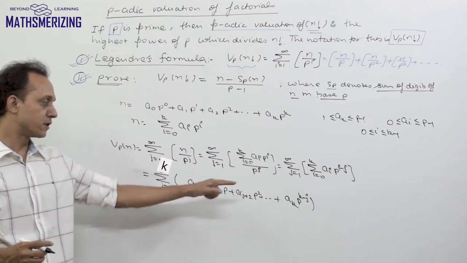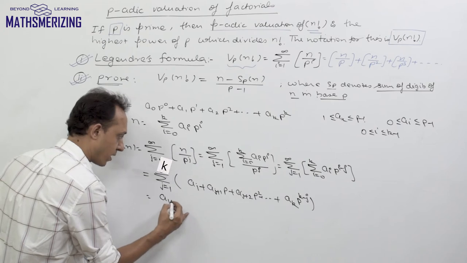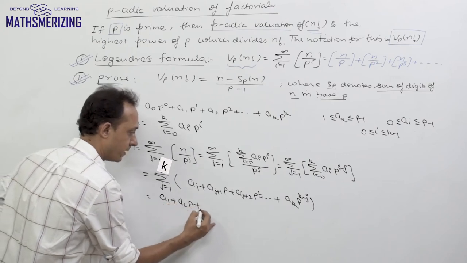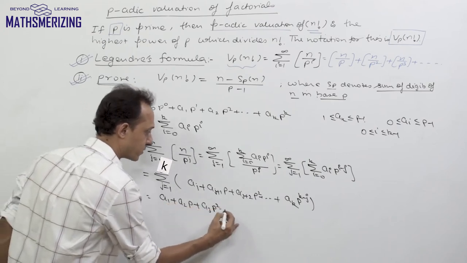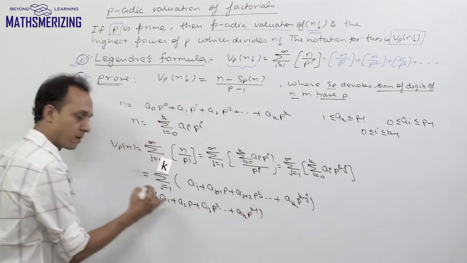Now if I put j as 1, I'll get a1, a2 p, a3 p square, and then ak p to the power k minus 1.